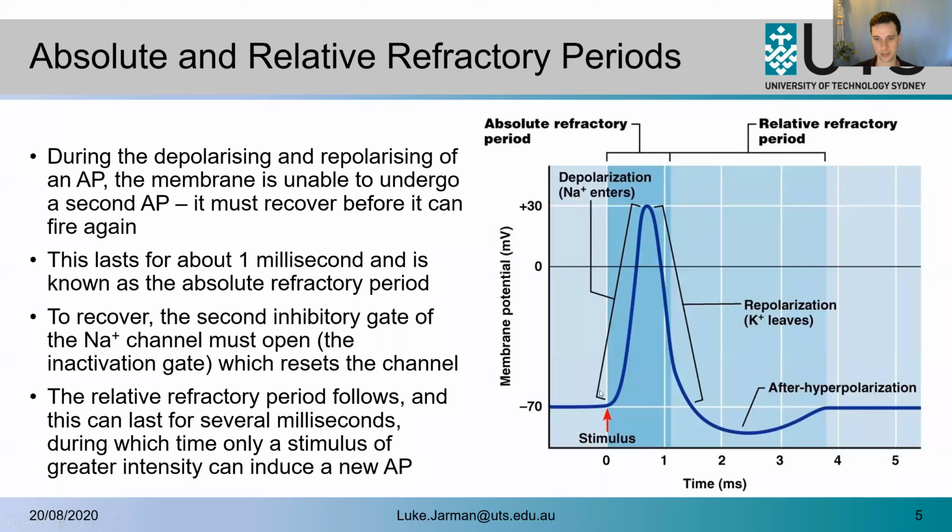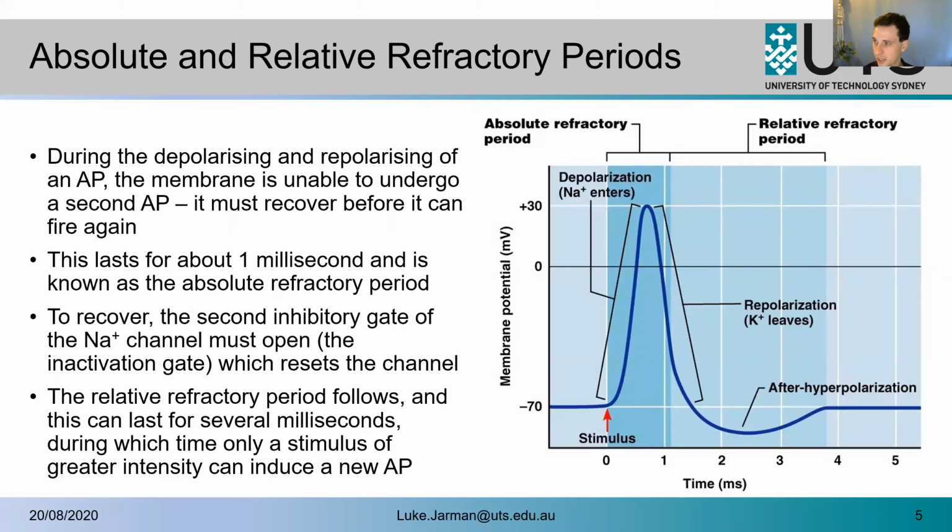So from the start of the depolarization, that's where your absolute refractory period starts, and it ends about 1 millisecond after that, around the time when your sodium channels close. So during that full depolarization period, that is your absolute refractory period, and no matter what happens, you can't have another action potential generated during that period. Pretty straightforward.